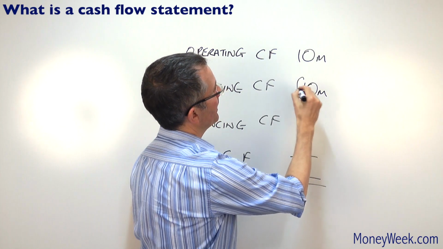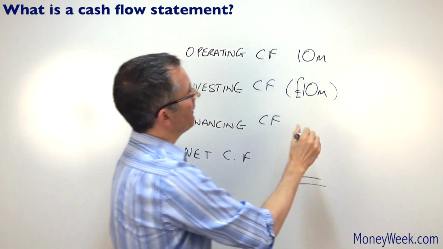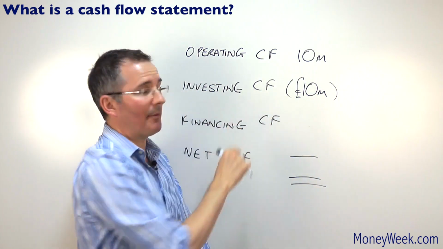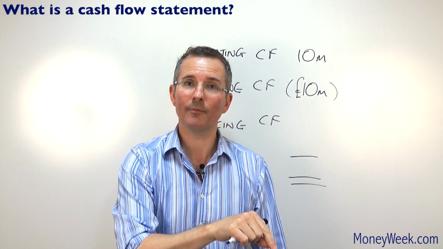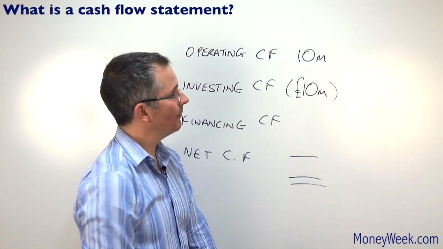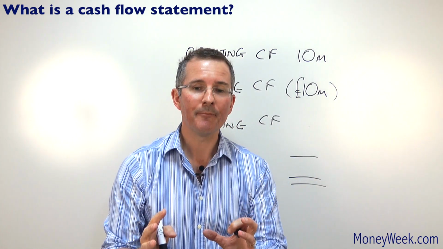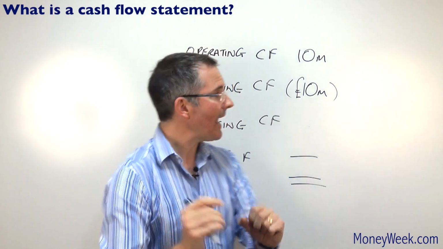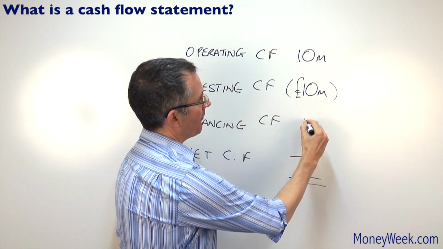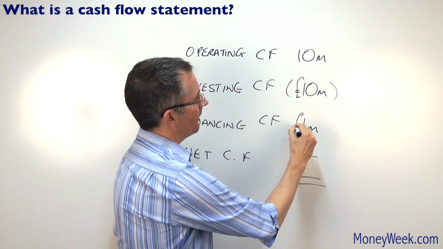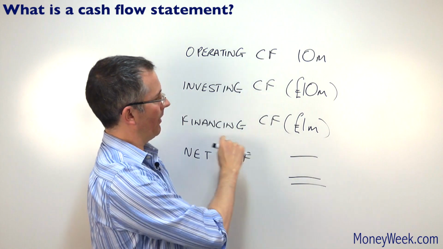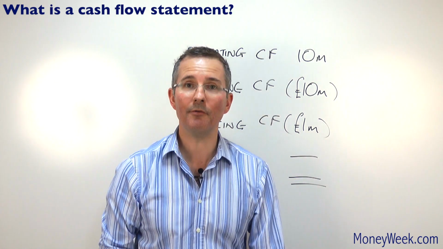And not surprisingly, I'm taking a bit of a shortcut here, there'd be a description under this big bold heading saying something like purchase of fixed assets. So it'd have a nice little subheading, but I'm just taking a shortcut to show the basic principles. And we said that we paid off £1 million of outstanding debt. So we presumably have £1 million going out in the financing section, described as something sensible like repayment of debt.